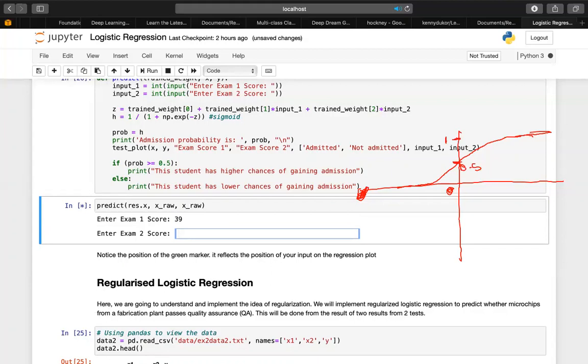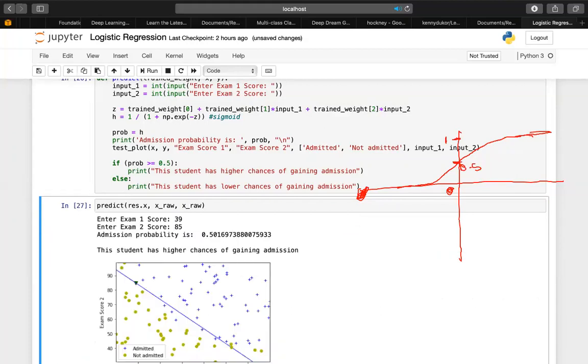What did the person score in the second exam? 85. Let's see if this person will get admission to UNILAC. So the probability the person will get admission to UNILAC is 0.5.